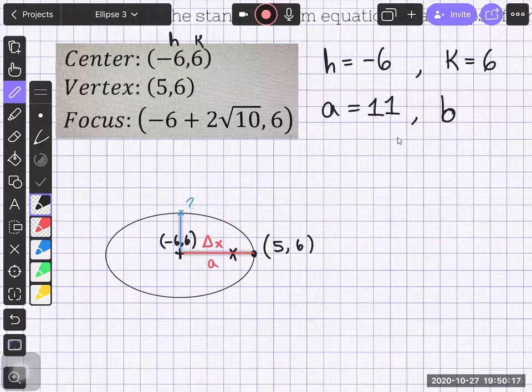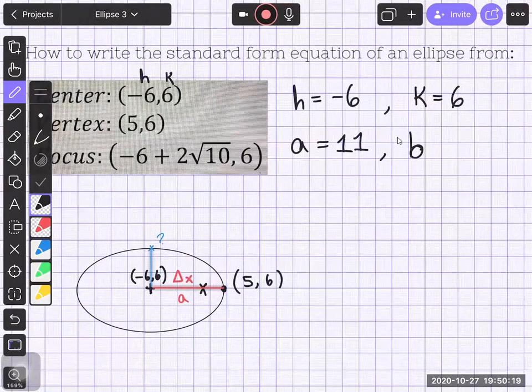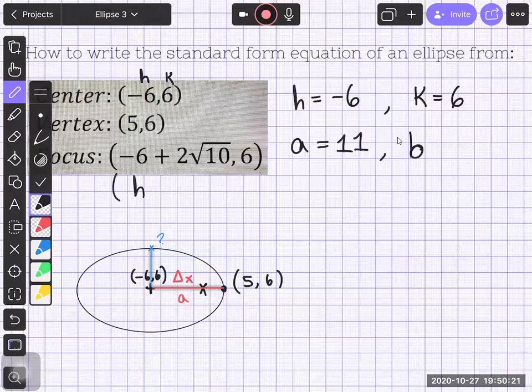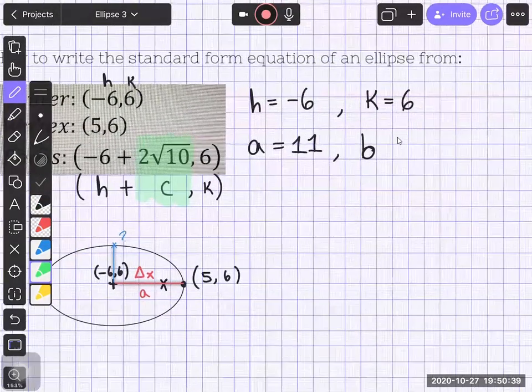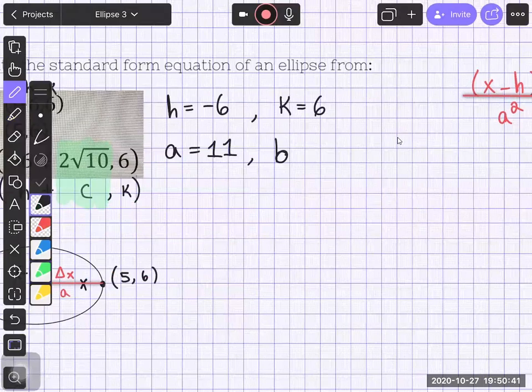And if you remember from one of the formulas, the focus is defined as H plus C, K, which is what we have in here. So in this case, our C is 2 square root of 10.